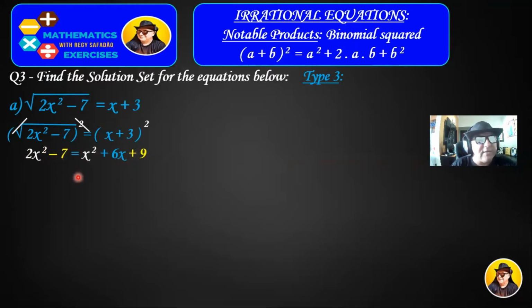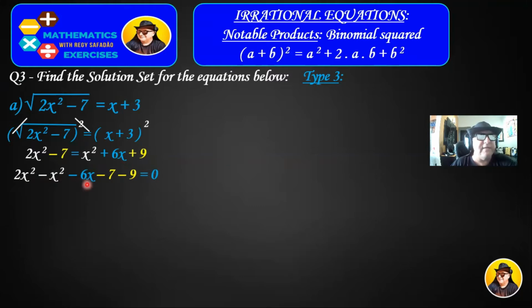Now let's organize here according to their similar terms. We have that 2x squared minus x squared minus 6x minus 7 minus 9 is 0. Well, solving the similar terms, I have that 2x squared minus x squared is x squared.